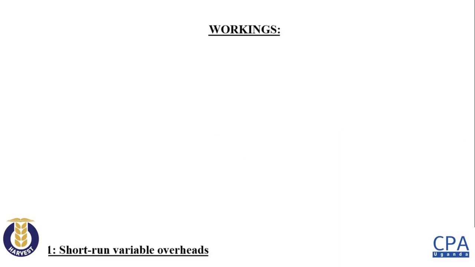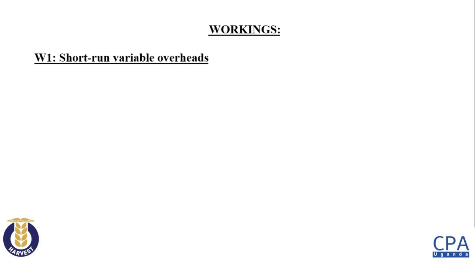So moving to my workings, this is a separate sheet that I've reserved for my workings, and I'll give it a very small title, workings, beginning with working number 1, where I'm focusing on the allocation of the short-run variable costs or overheads to our 4 products.